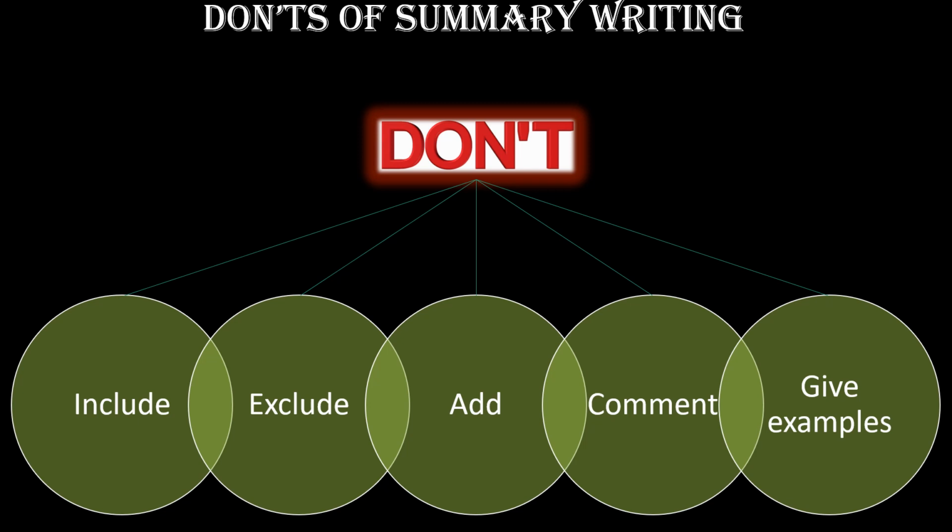Don't comment. You're not supposed to comment on whatever is written or whatever idea is expressed. Don't give examples. So you don't have to give your own examples. You just have to be precise and short and tell the central idea of the passage.